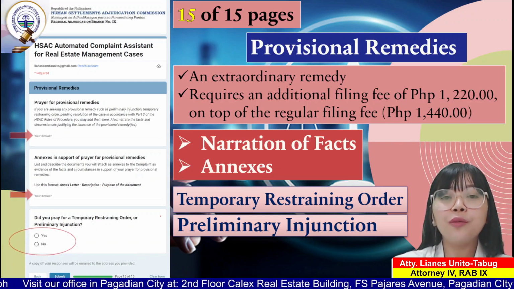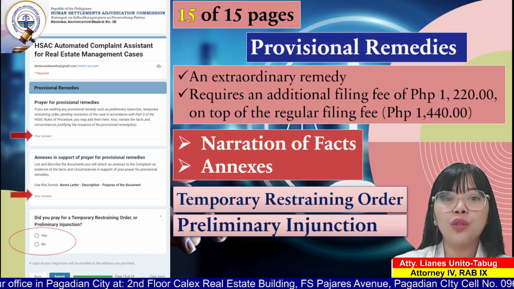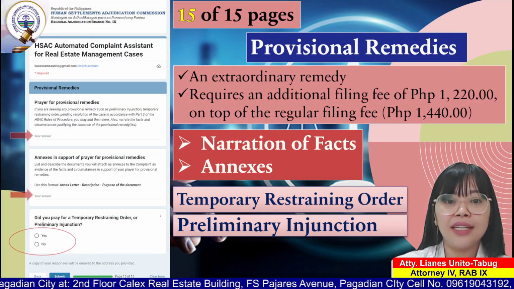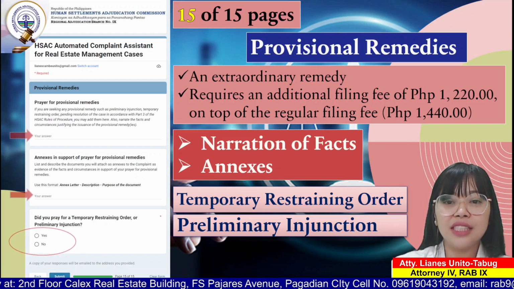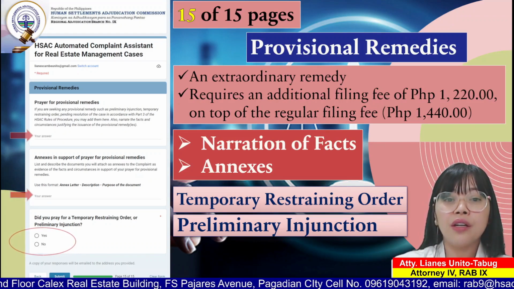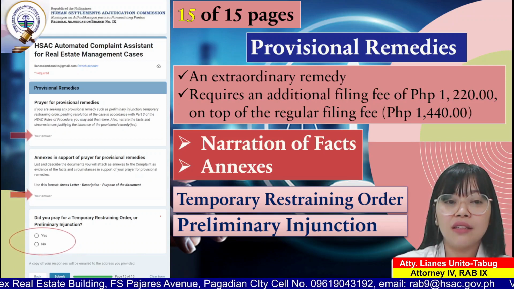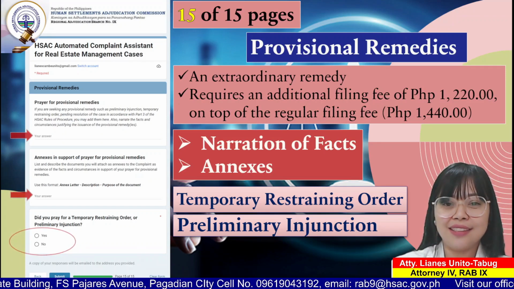Now, when you pray for provisional remedies, you will need to narrate your facts and provide annexes, like you did when you were citing or providing the ones in the earlier slides.